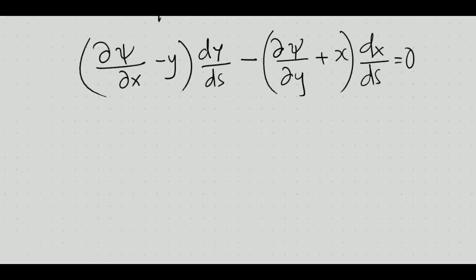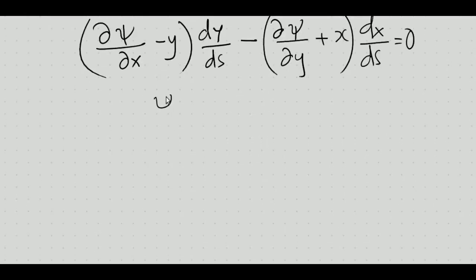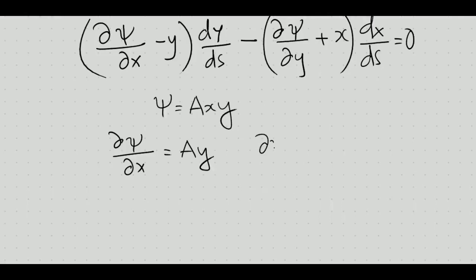Here we take a warping function psi equal to axy, and from that we will get dou psi by dou x is equal to ay and dou psi by dou y is equal to ax.